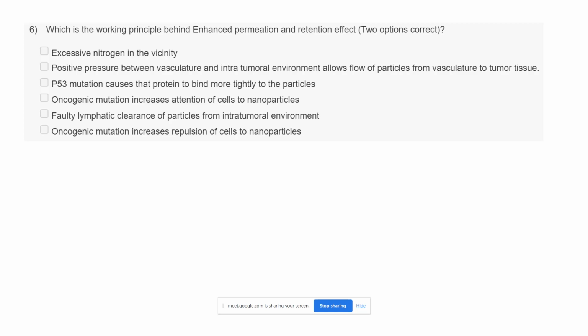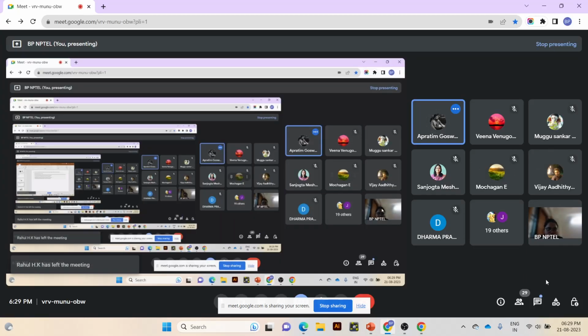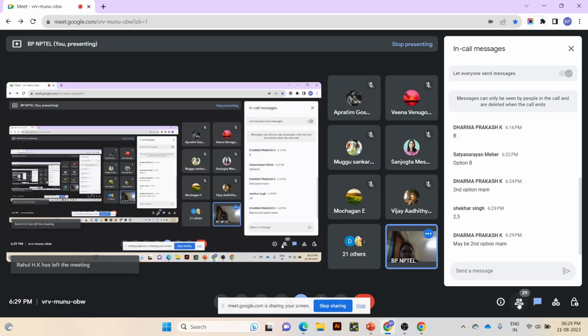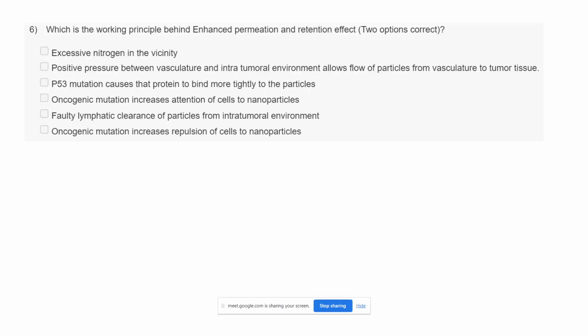What is the working principle behind enhanced permeation and retention, or EPR? Option 2 and 5. Okay. Anybody else has any other option as their answer?